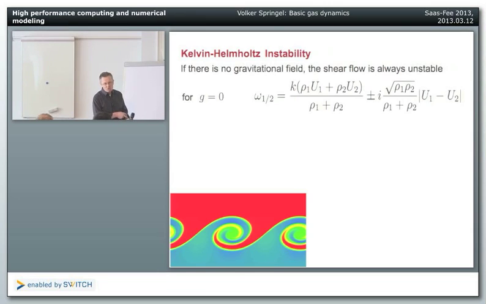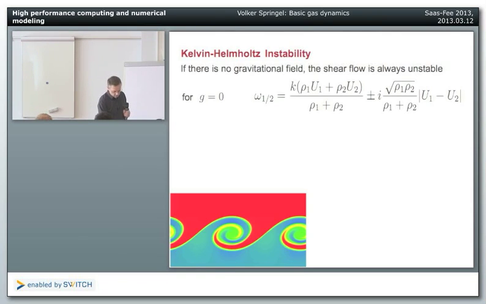That means any shear flow is unstable. If there's a real jump in the velocity, it's always unstable, if you don't have a gravitational field, at least. In fact, the small wavelengths will grow fastest. So the Kelvin-Helmholtz instability is really very efficient in destroying shear flows.